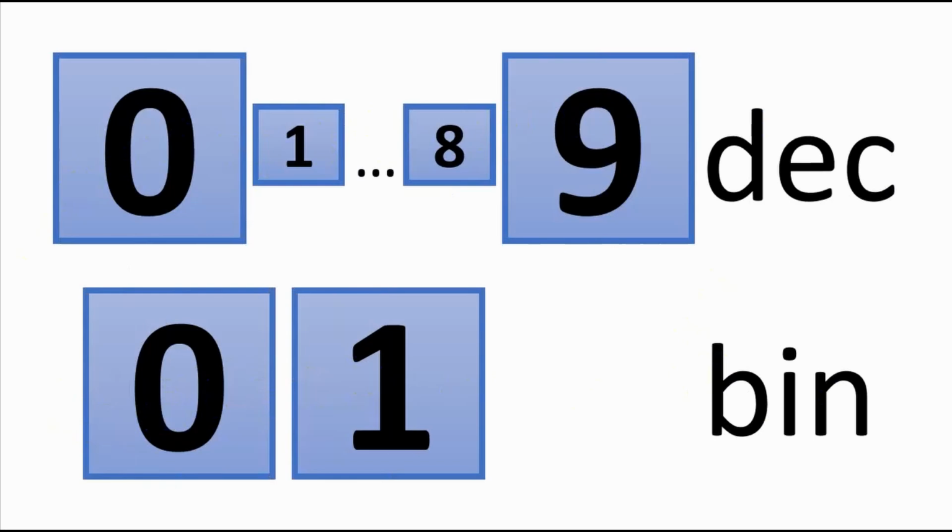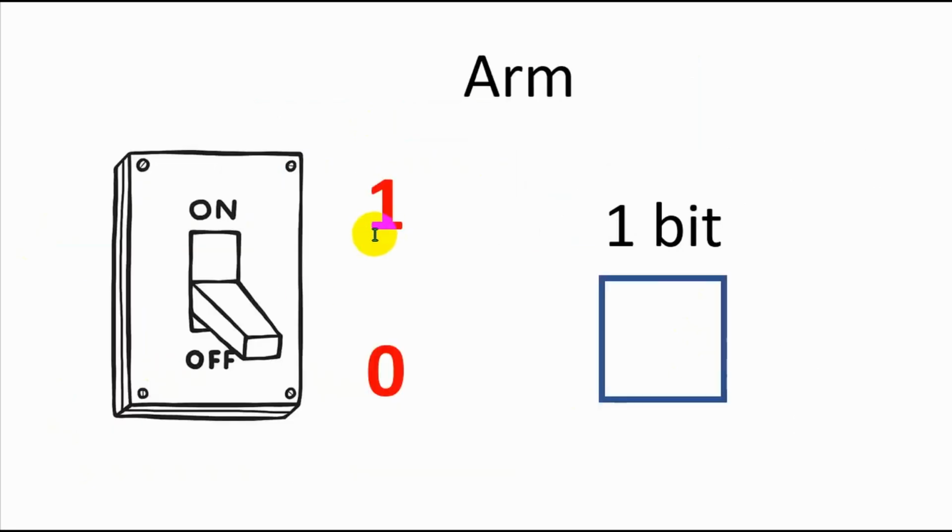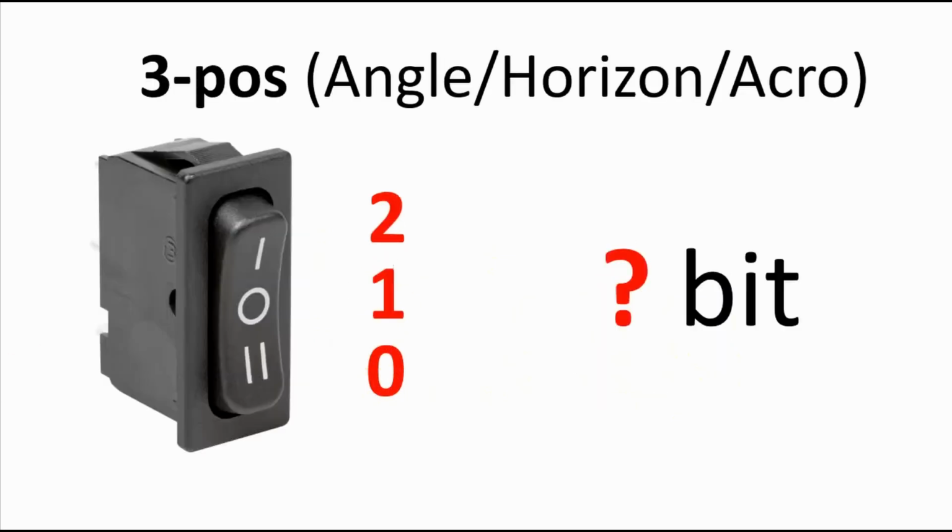And this means that in one cell we can store data like one switch: off, on, 0, 1, true, false. So one cell of information is one bit, which can store two values, 0 or 1. And if we would like to encode more values like 3, 4, 5, then how many bits do we need?